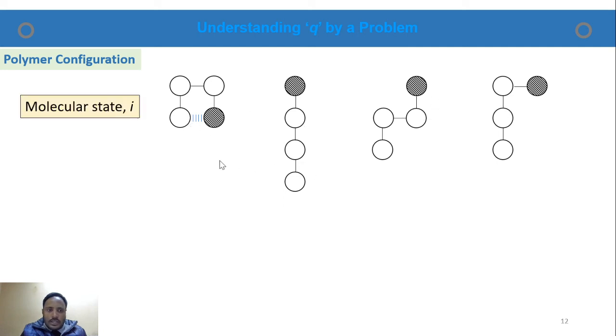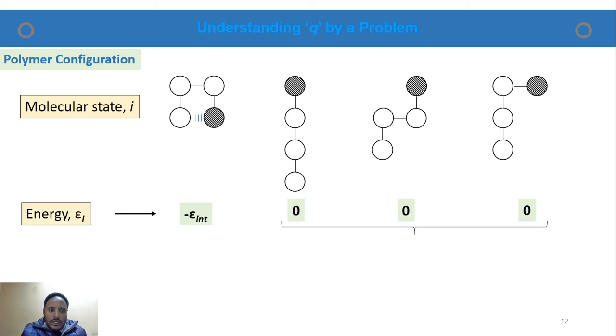So let us consider that for the molecular state I, the energy EI for the first one is, because there is interaction, suppose minus E of INT, the energy of interaction. Since there is no interaction in the other configurations, the energies are 0. So we can say that the degeneracy is 1 for the first case. For the other cases, the degeneracy can be treated as equal to 3.